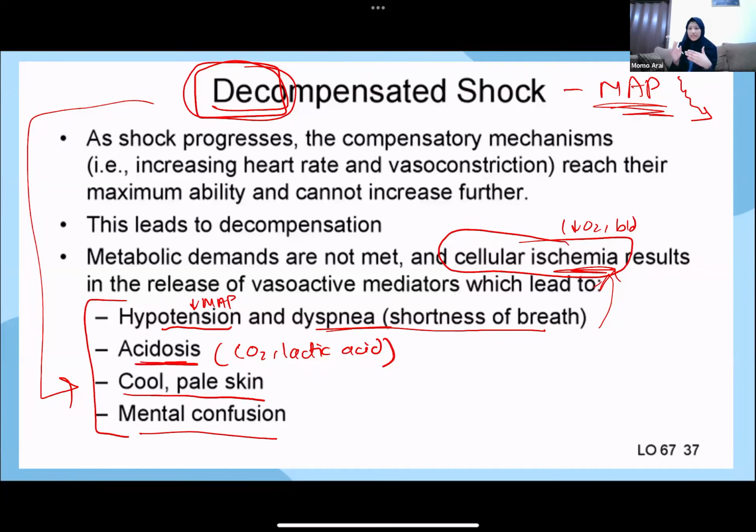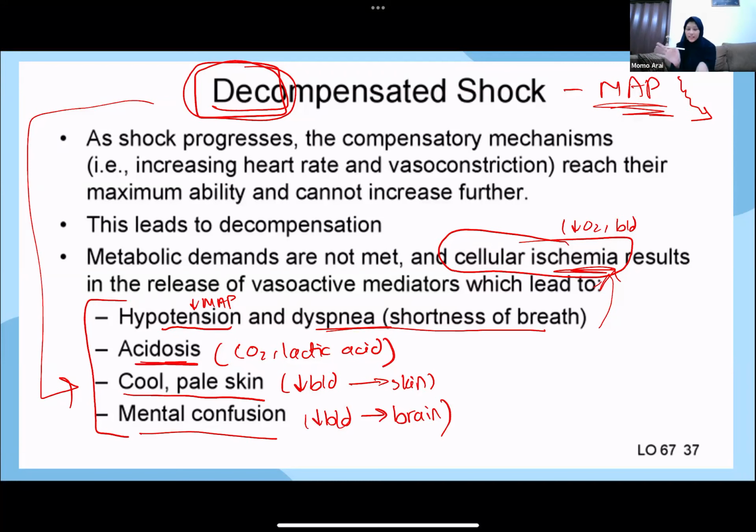Decompensated shock means less MAP, not normalized MAP, which means less blood flow to your skin. That's why your skin becomes cool and pale, and less blood flow to your brain results in mental confusion. Your brain is not able to function as much.